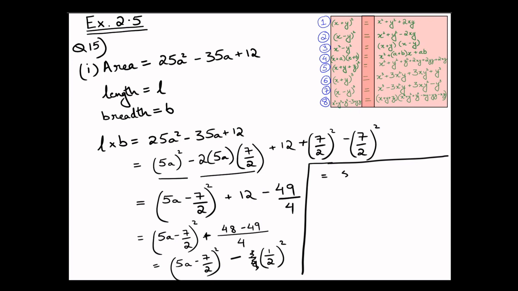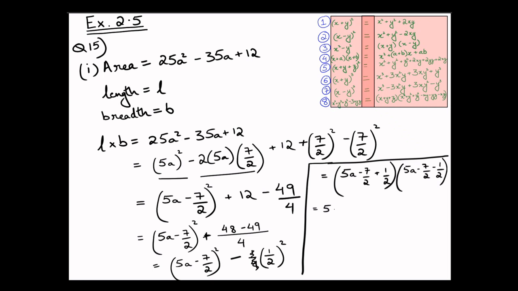So my x over here is 5a minus 7 by 2 plus y whole multiplied by 5a minus 7 by 2 minus y, which is minus 1 by 2.